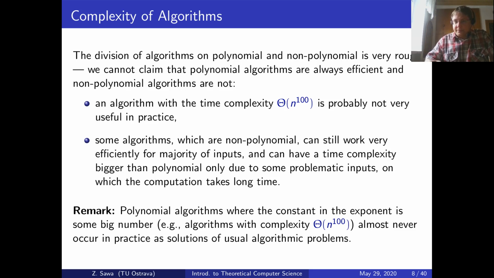But these are artificially constructed mathematical problems, and this typically does not occur for the kinds of problems we want to solve in practice. In practically all problems that are studied and solved in practice, either we do not know any polynomial algorithm, or when we know some polynomial time algorithm, then we know one with rather small degree of the polynomial.